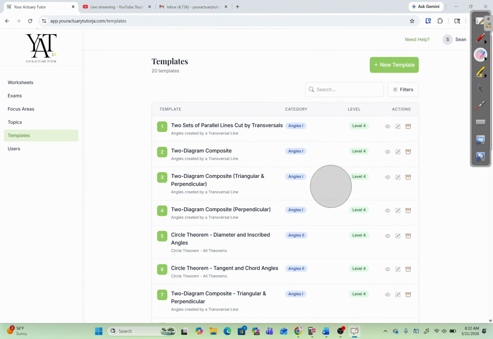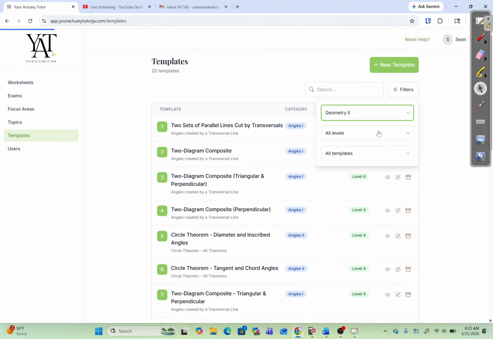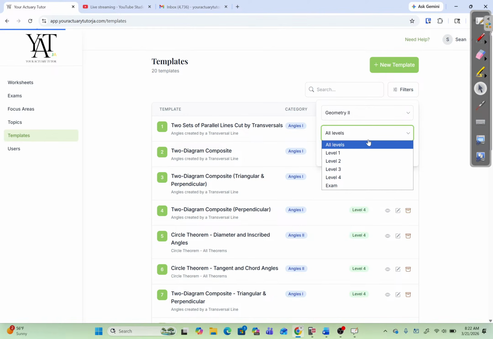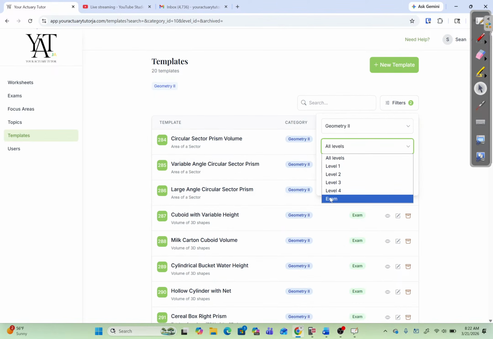Anytime I go in the platform, you're going to see different categories you can select, and different levels. The exam level is the ultimate, when you're saying, okay, I'm ready for the CXC type of questions. We will first get used to the levels below that, and that is how you're going to organize your learning.